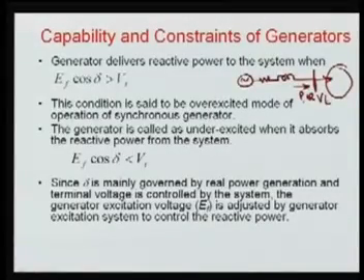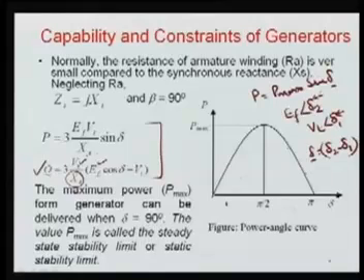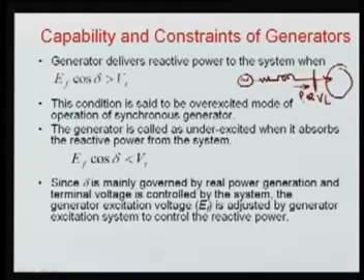From the previous equation we saw this value is positive if E cos delta minus Vt is positive, otherwise it is negative. So I can say this machine delivers or injects reactive power when E cos delta is more than Vt.